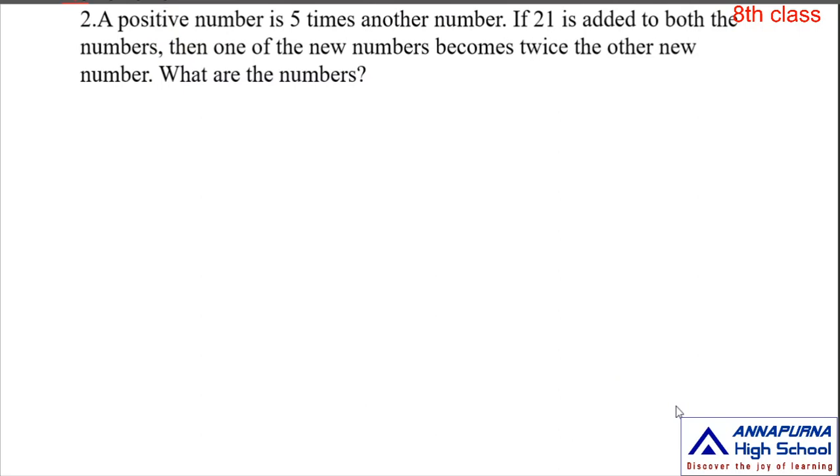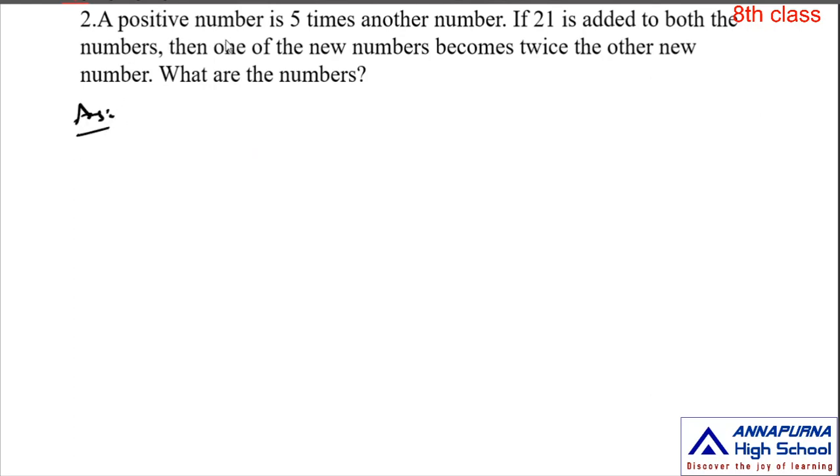Here the second question is, a positive number is 5 times another number. If 21 is added to both the numbers, then one of the new numbers becomes twice the other new number. What are the numbers? So observe the question carefully.